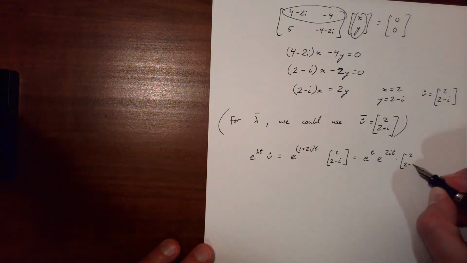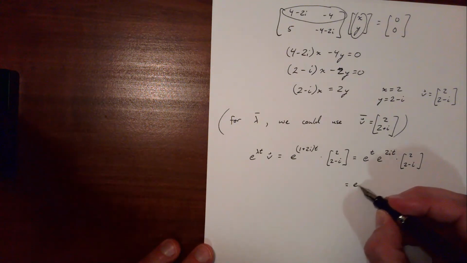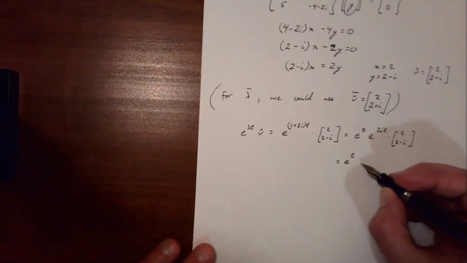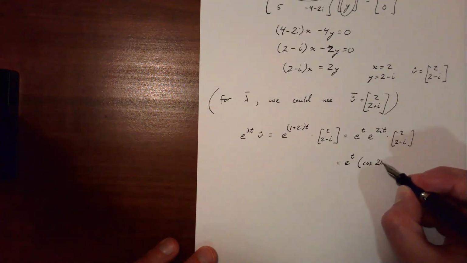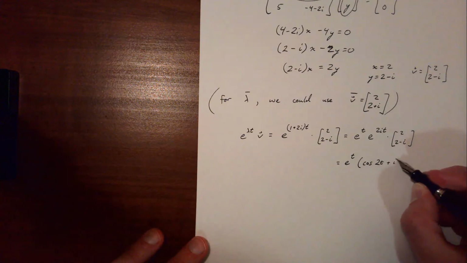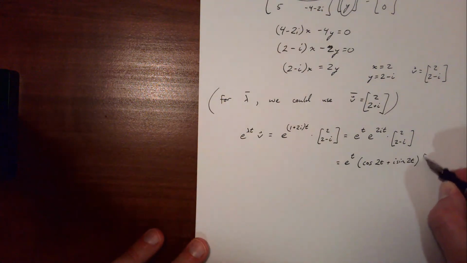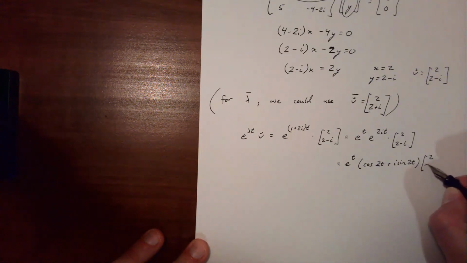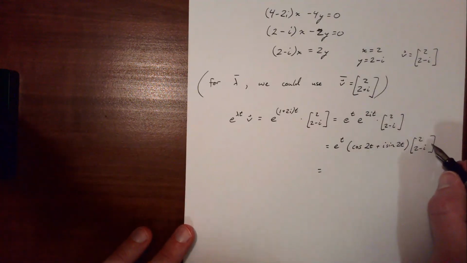2 minus i, which finally now we get to break out Euler's formula, and we'll have cosine 2t plus i sine 2t, 2 minus i. And now I just distribute this expression into these two pieces.